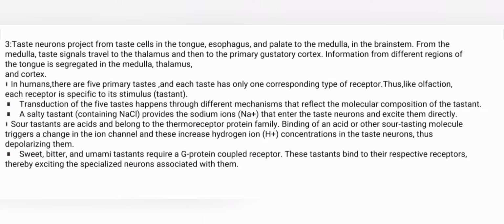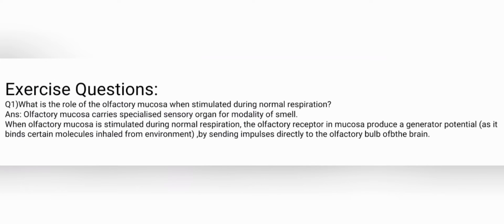Binding of an acid or other sour tasting molecules triggers a change in the ion channels, and these increase hydrogen ion concentration in the taste neurons, thus depolarizing them. The sweet, bitter, and umami tastants require a G protein coupled receptor. These tastants bind to their respective receptors, thereby exciting the specialized neurons associated with them.